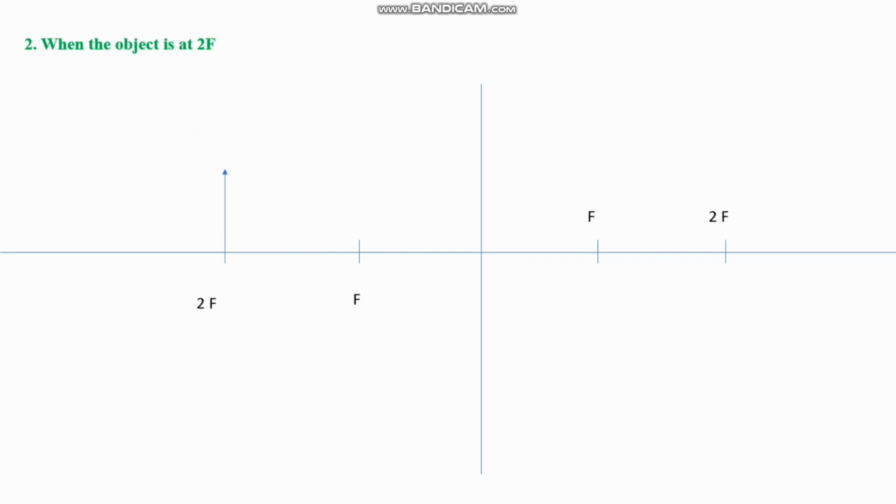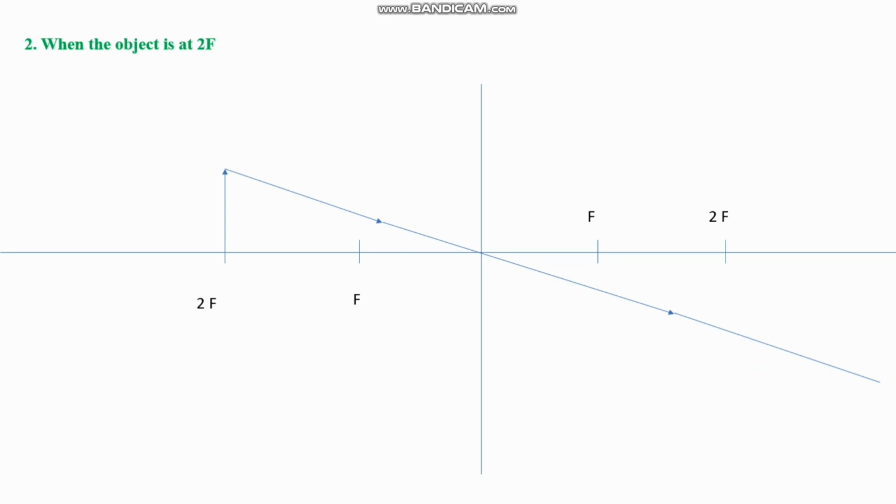What will happen? So we just use two rays, and I propose that you'll be using the ray that is passing through the optical center and the ray that is parallel to the principal axis. So the first ray is the ray that passes through the optical center. As we said, this ray passes undeviated, so it is not refracted.